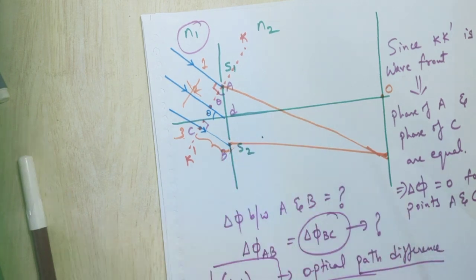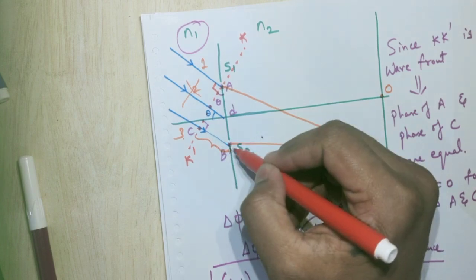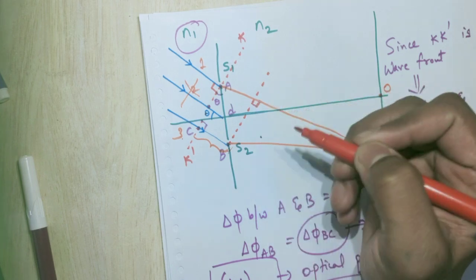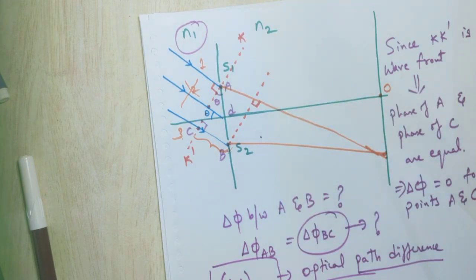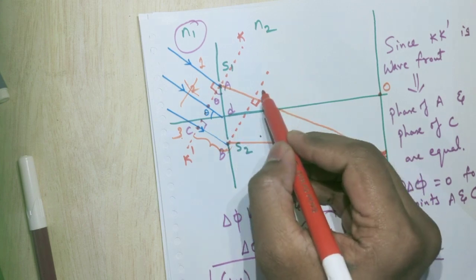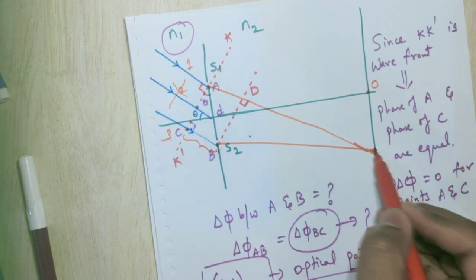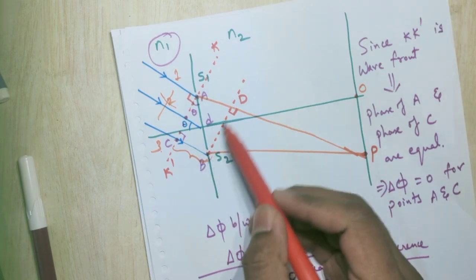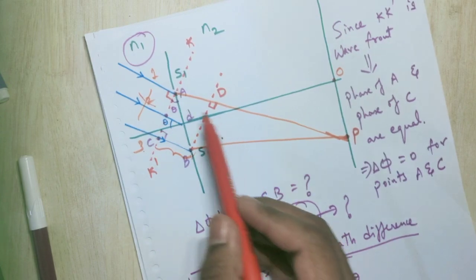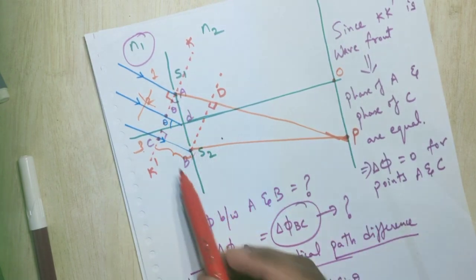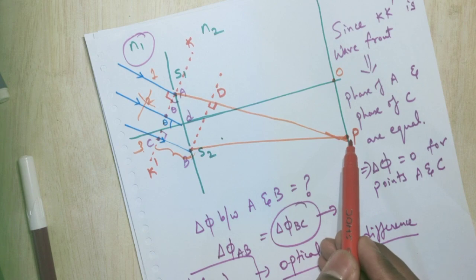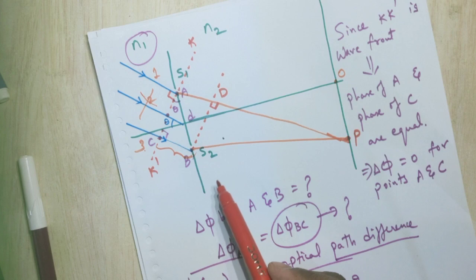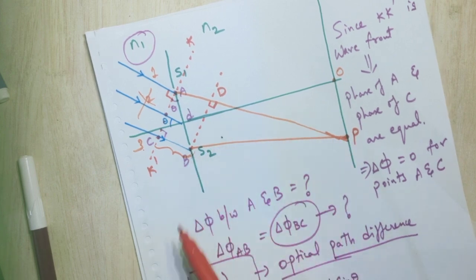How can we confirm that? If you draw a perpendicular from this point B like this, assume this is perpendicular. Now let us say this perpendicular point is D, and wherever they are meeting, that point is P. Since these two slits are very close to each other, we can assume that BP and DP are of equal lengths, because in Young's double slit experiment we assume that the rays are nearly parallel.